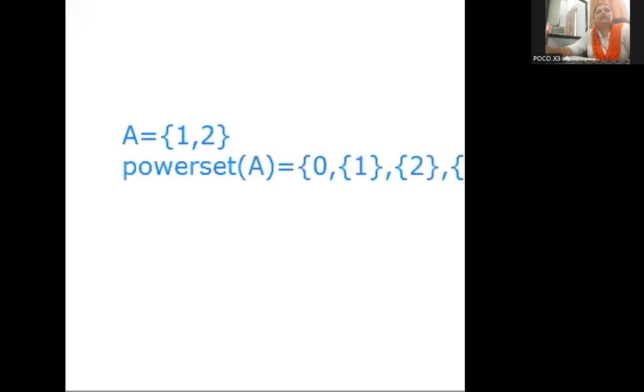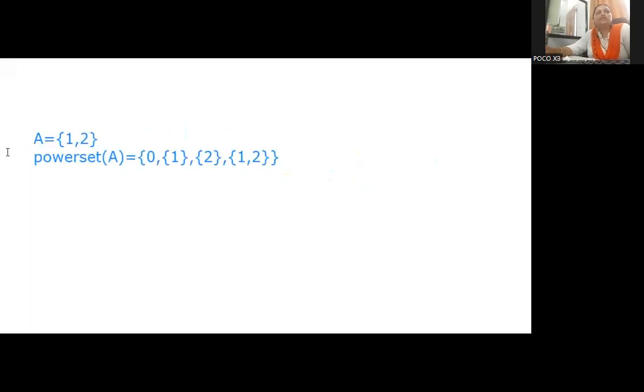Now what is the case here? The example we are going to give is the power set of A partially ordered by inclusion, for which the supremum is the union, and the infimum is the intersection.